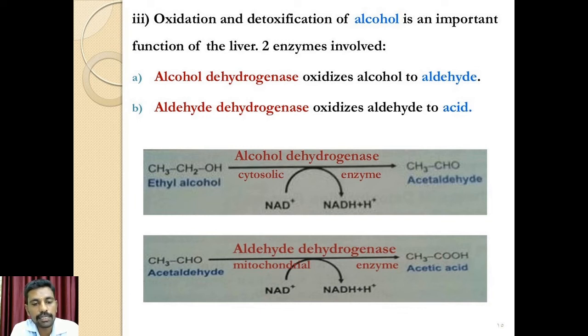The reaction may be written as ethyl alcohol converted to acetaldehyde with the help of the alcohol dehydrogenase enzyme, and acetaldehyde is converted to acetic acid by the enzyme aldehyde dehydrogenase.